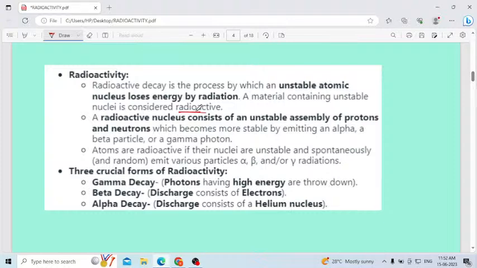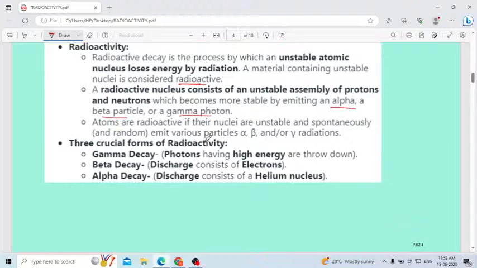Okay. Let us move to the next point. A radioactive nucleus consists of an unstable assembly of protons and neutrons. Yes. Nucleus contains protons and neutrons. In the radioactive nucleus, it contains unstable assembly, means the protons and neutrons will be unstable, which become more stable by emitting alpha, beta and gamma particles.